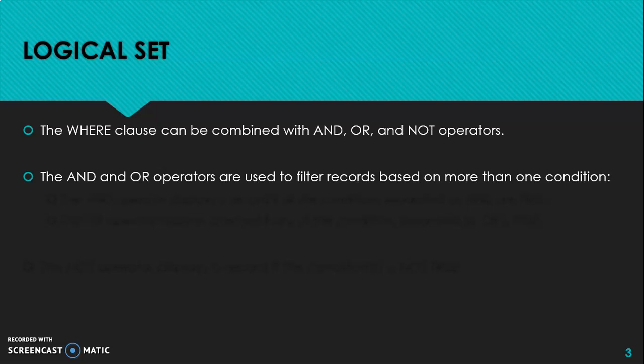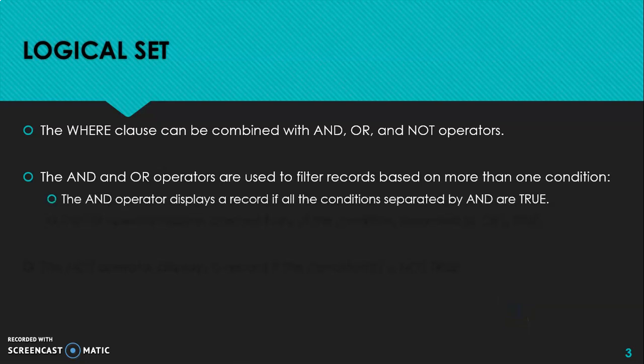Now the result that is generated by AND, OR has some criteria. Now what is it? The AND operation displays a record if all the conditions that are separated by AND are true. Means the conditions that you are giving in an AND operation can be 2, it can be more than 2.